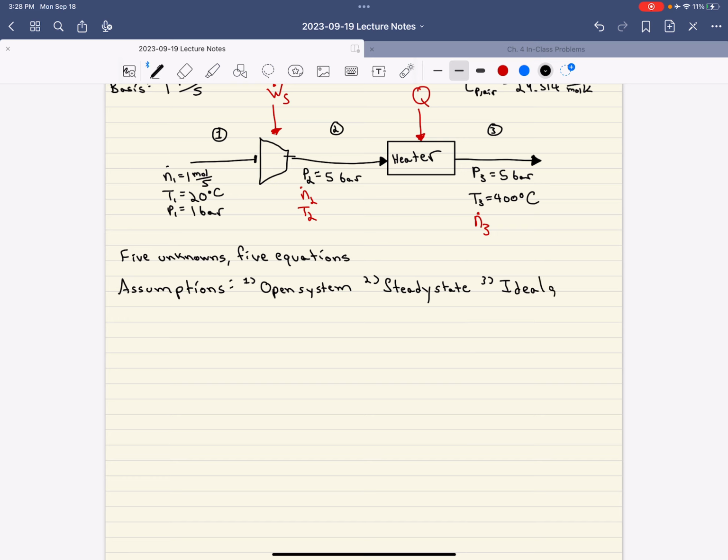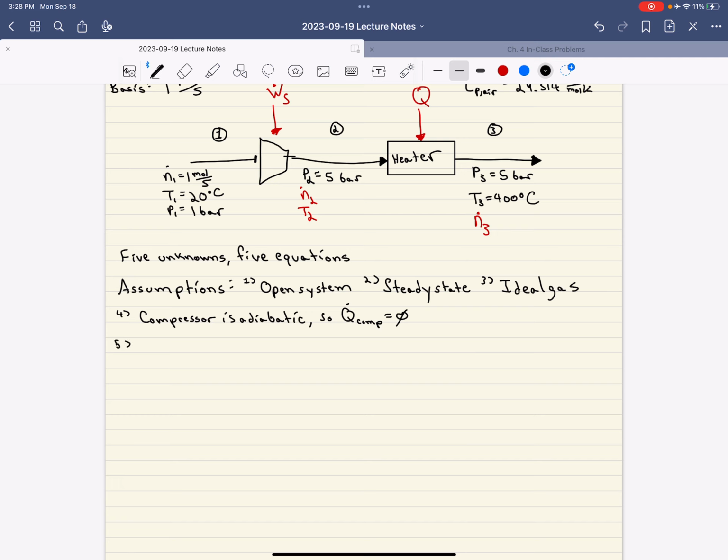We're assuming we're dealing with an ideal gas. We're also told that the compressor is adiabatic, and so the heat term for the compressor is going to be equal to 0.